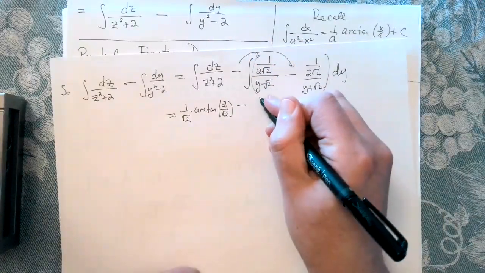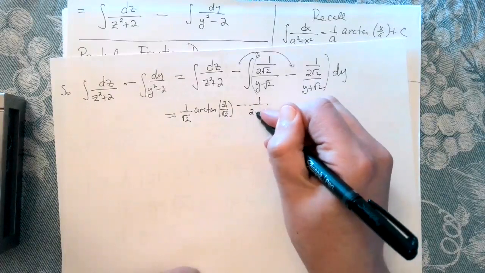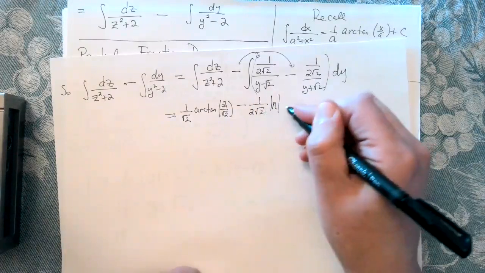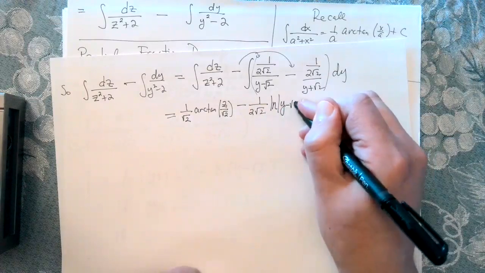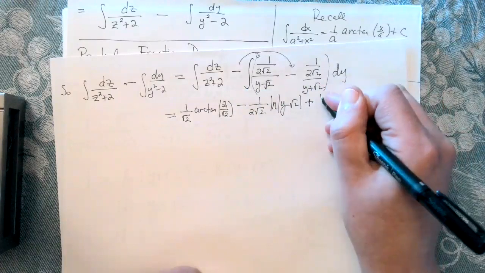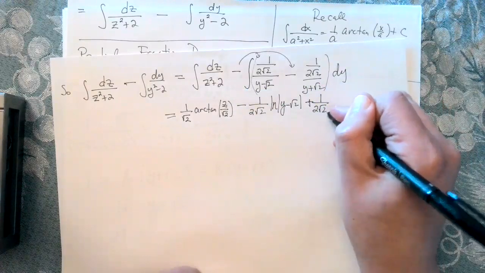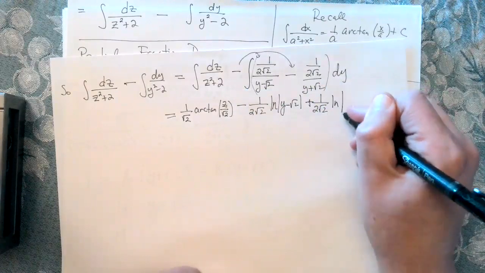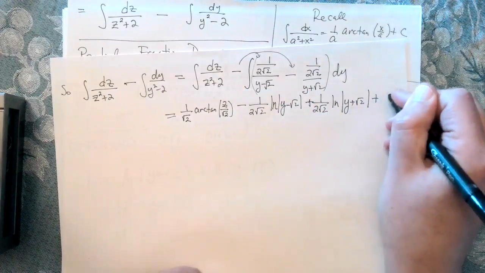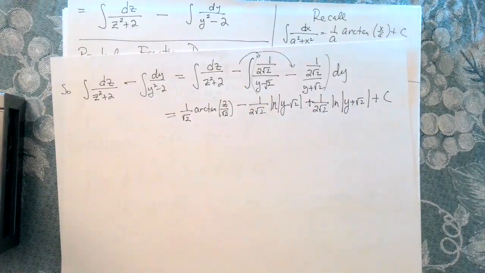So this will be minus 1 over 2 radical 2 times the natural log of absolute y minus radical 2. Now we're distributing the minus, so that'll be plus 1 over 2 radical 2 times the natural log of absolute y plus radical 2 plus c. But we've got some back subbing to do.